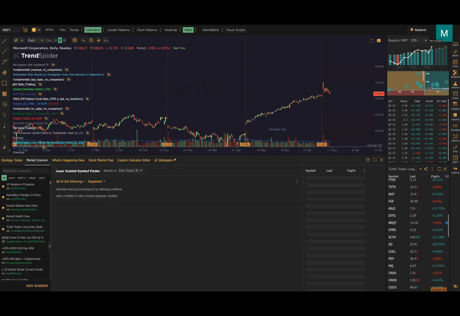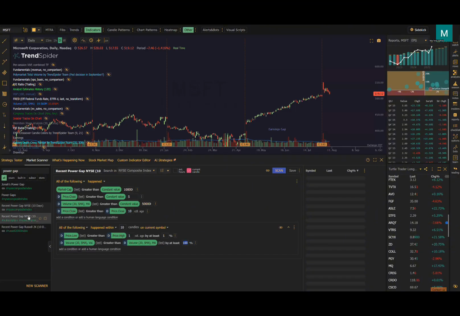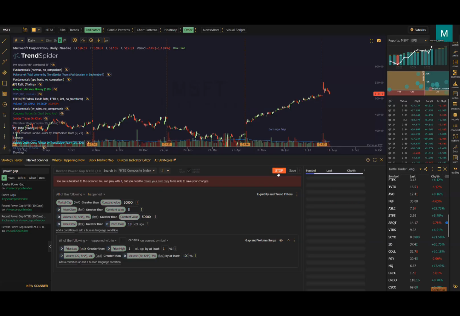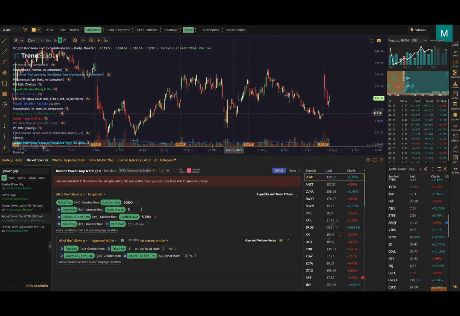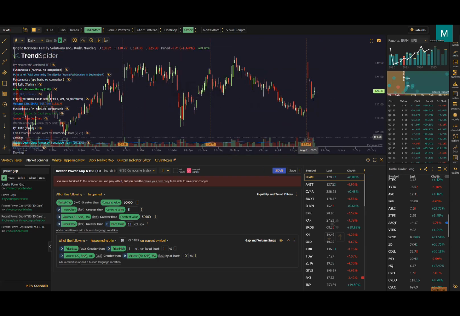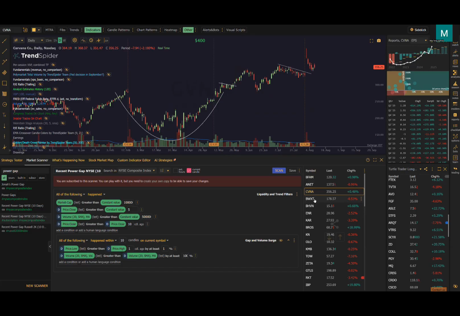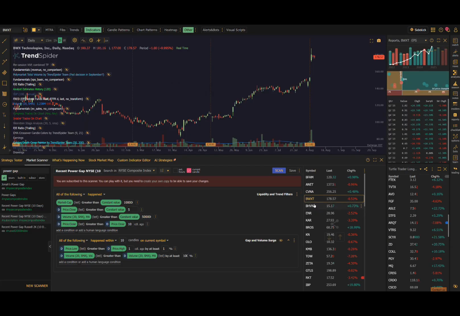So let me just show you some of the scanners that we offer. First one that I think is really cool, kind of timely right now, is our Power Gap scanner. If you press scan on this, it's going to find stocks that are gapping up on the daily chart by at least 1% with increased volume. To do something like this on TradingView, you would definitely have to know how to code because their regular screener doesn't have, I don't think, the capability to do it.